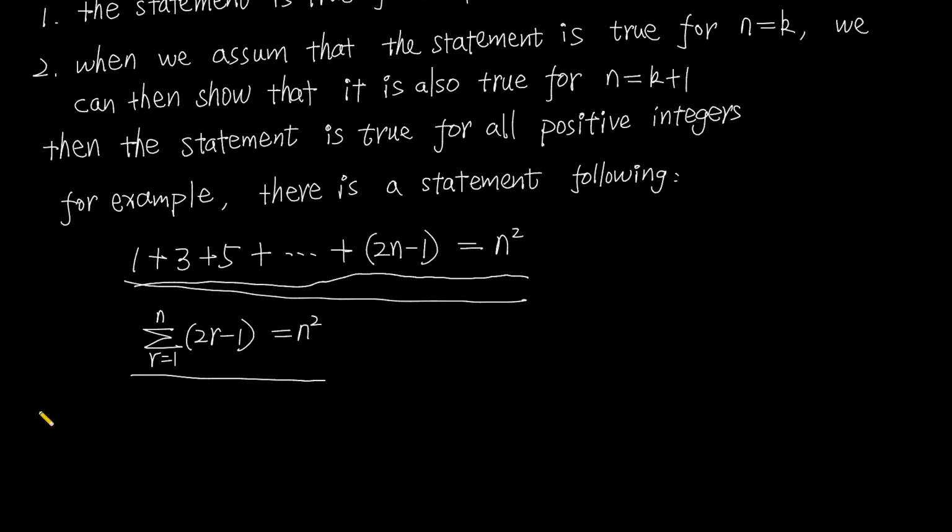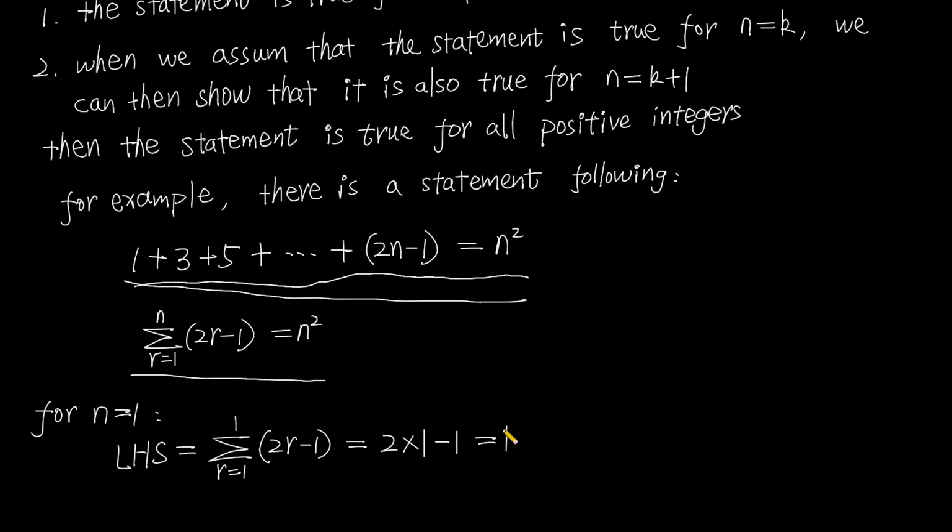So when n is 1, the left hand side equals the sum from r equals 1 to 1 of 2r minus 1. So this equals 2 times 1 minus 1, because r is 1.